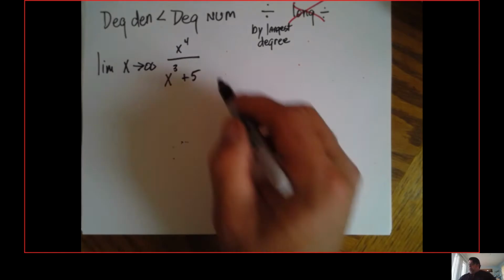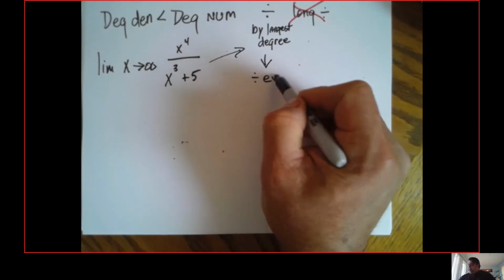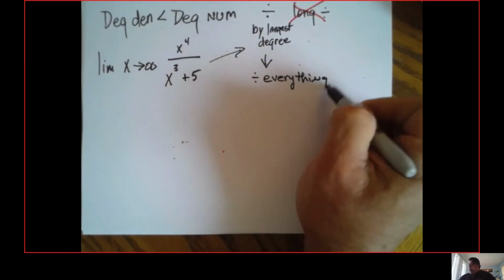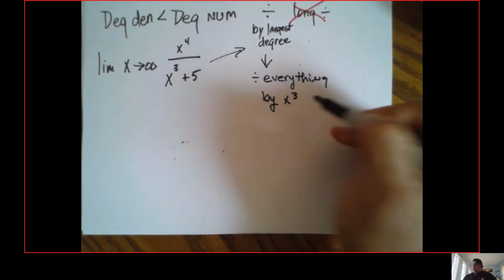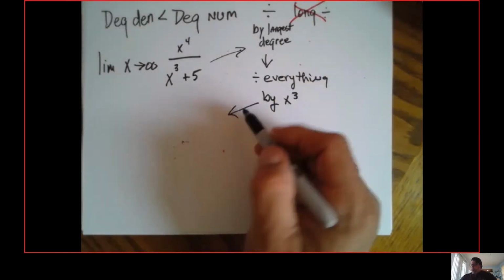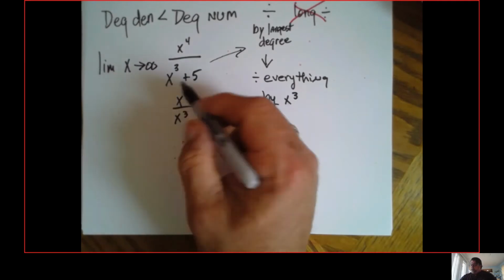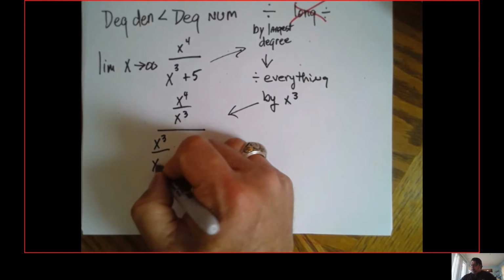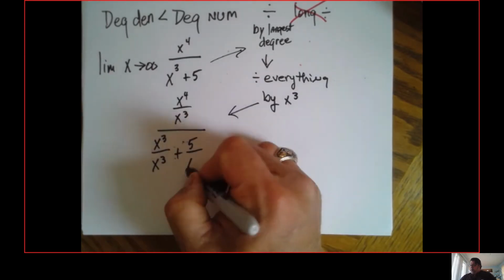So here we go. X to the fourth over x to the third, x to the third over x to the third, plus 5 over x to the third.